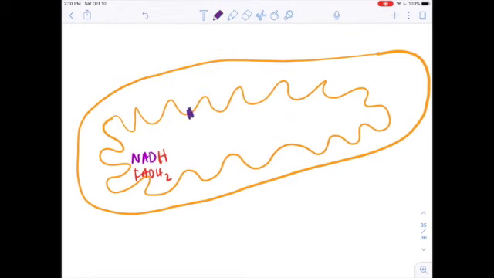Once they accumulate in the mitochondria, they're going to see all these protein complexes of the electron transport system. That's what I'm drawing right now, ETS. All these purple things are electron transport system proteins.